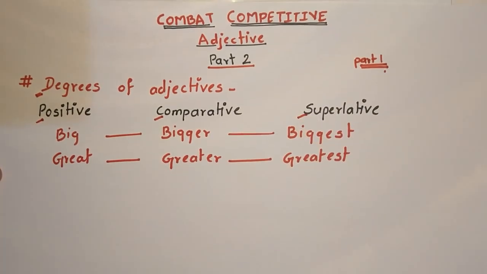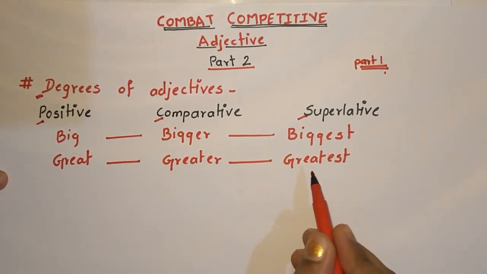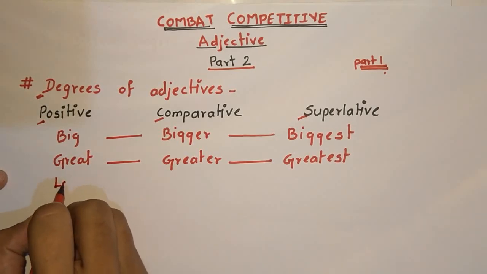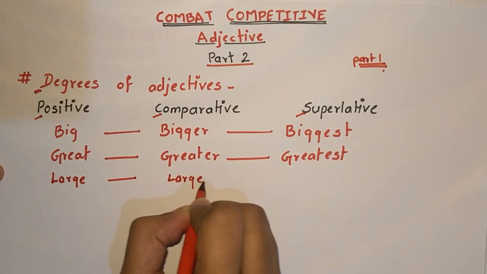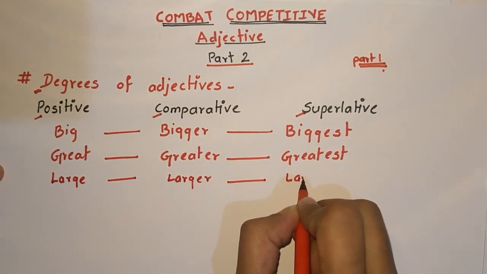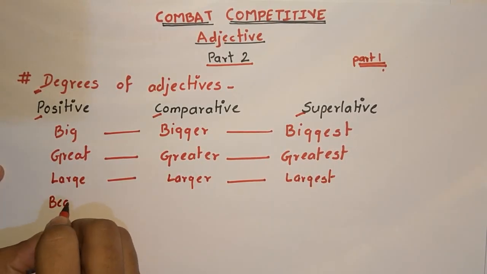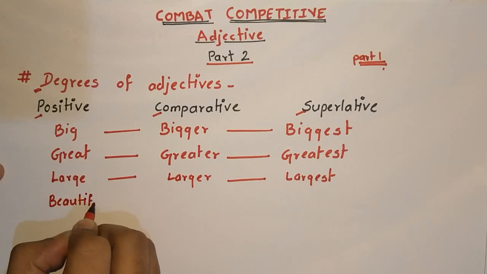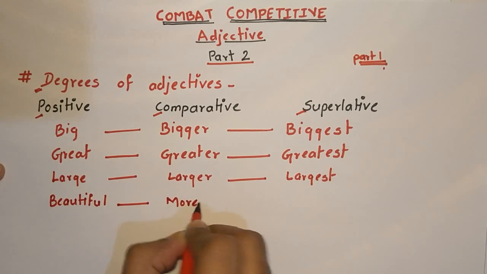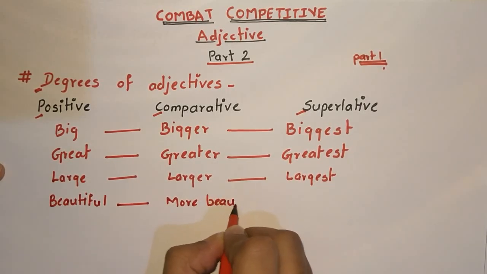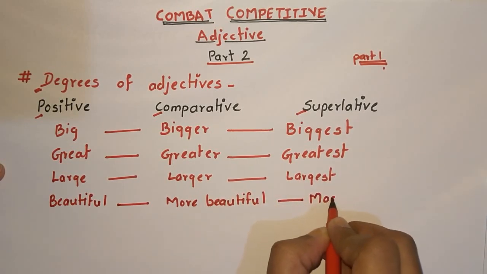I will tell you some examples like big, bigger, biggest; great, greater, greatest; large, larger, largest; then beautiful, more beautiful, and most beautiful.